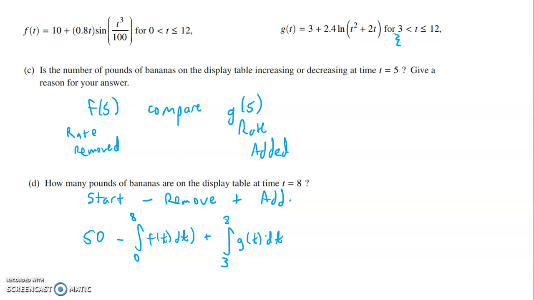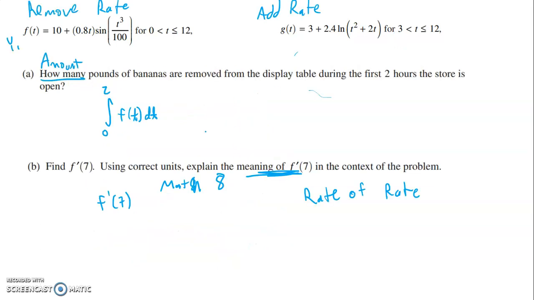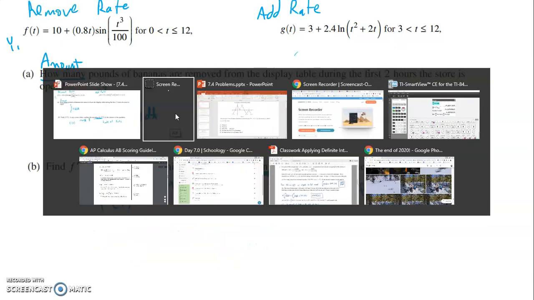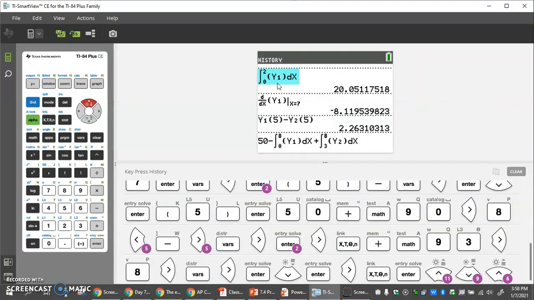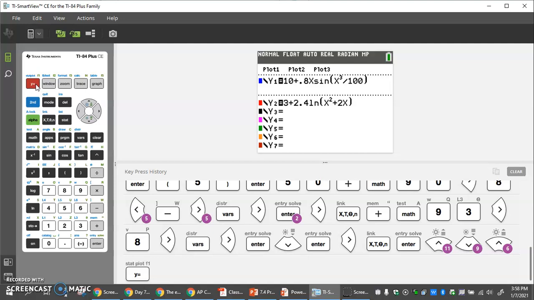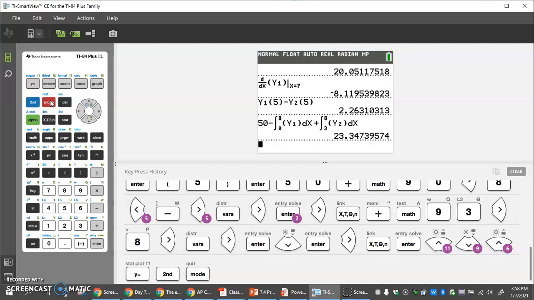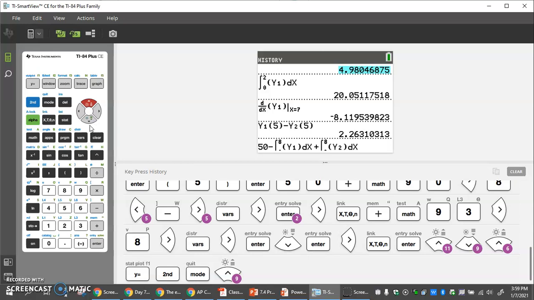So now that we've got it worked out, we're going to go back and let the calculator give us some answers. I've already got everything typed in. The first thing you would need to do is go to y equals and type your two equations in. This is my f equation, this is my g equation. Now, for part A, you wanted to do the integral from 0 to 2.